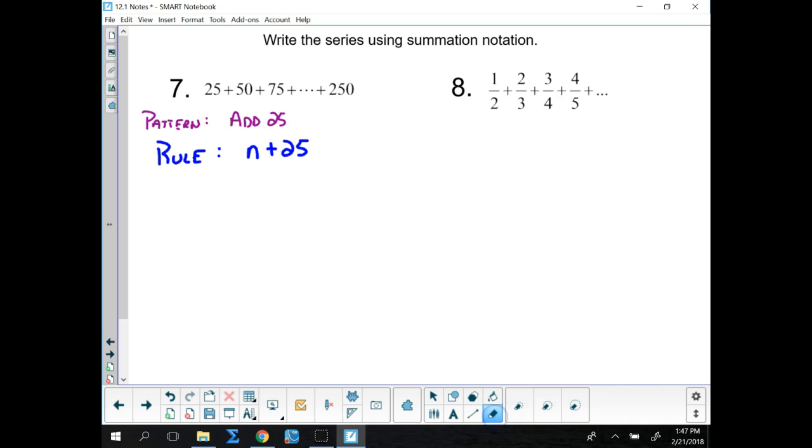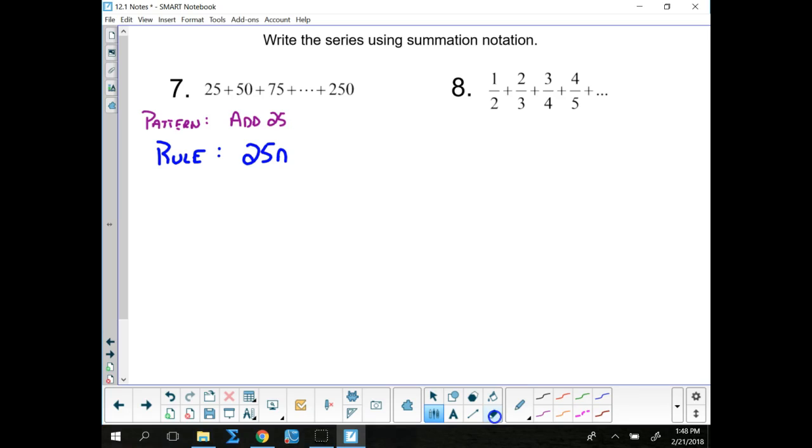What do we got? 25n. If I go with 25 times n, that tells me the first term is 25, the second term is 50, the third term is 75, the fourth term is 100. Does that fit? Okay, that one fits, so that's my rule.